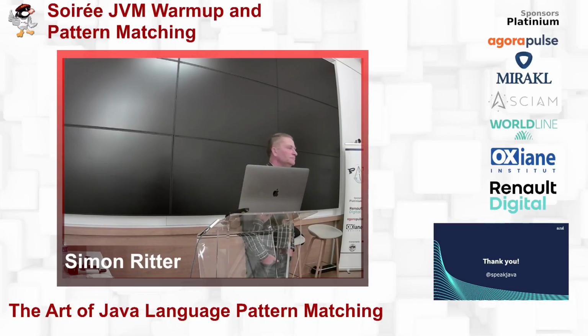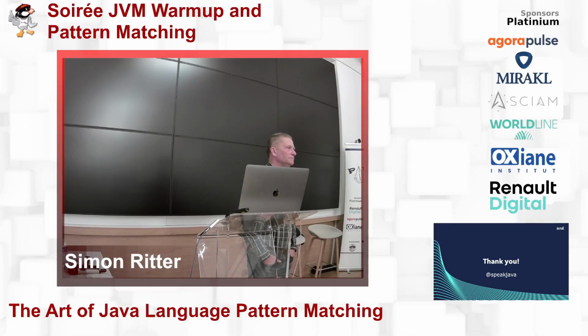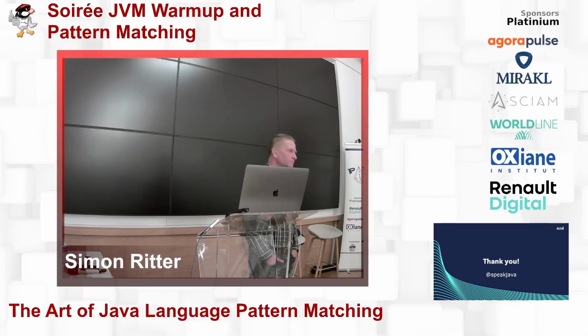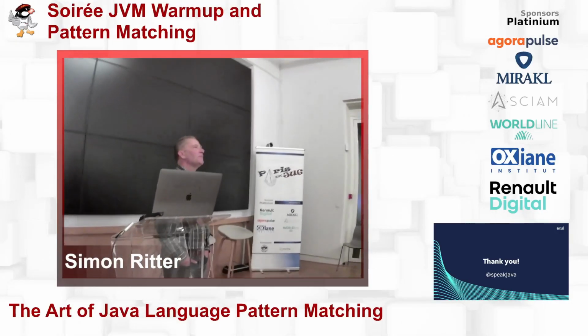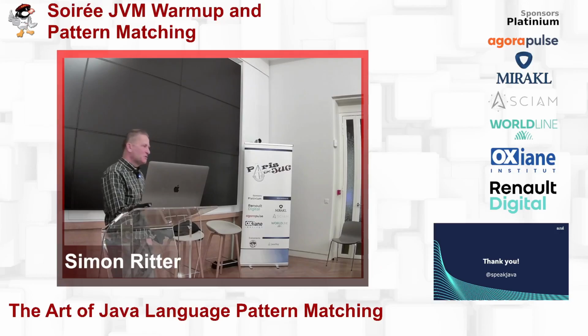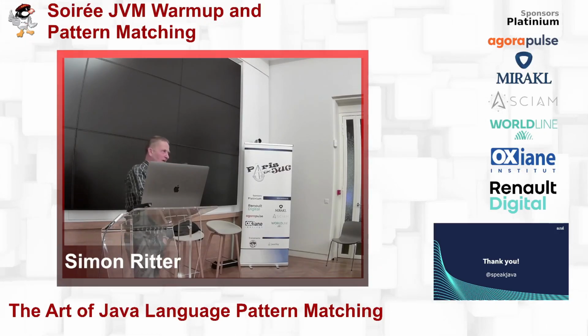Supposing you are doing a case with int, case int, and you have an Integer object as an input. Does it match or not? Yes, now that's where things get complicated because they're two different things.